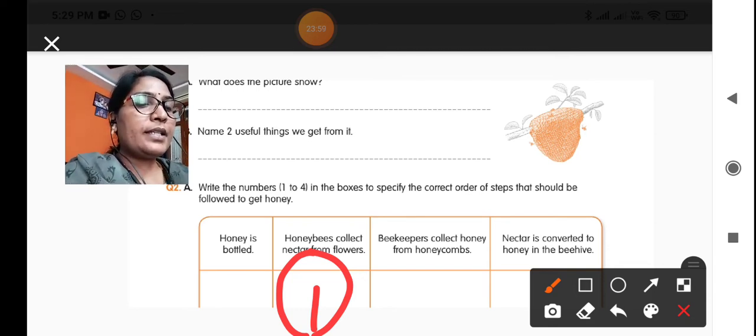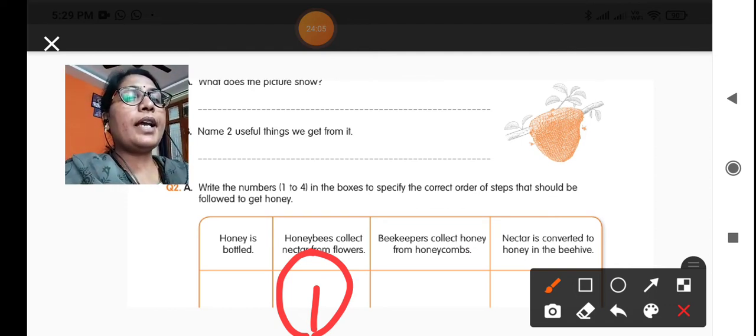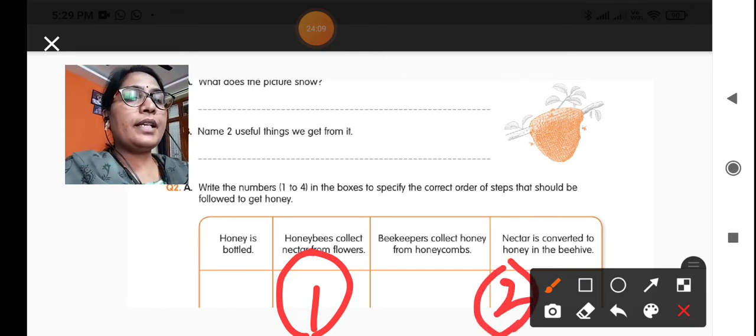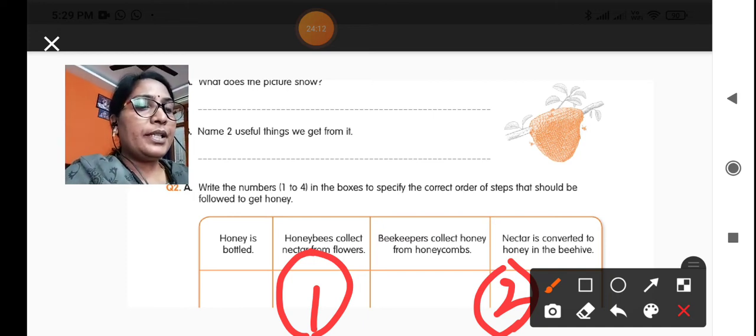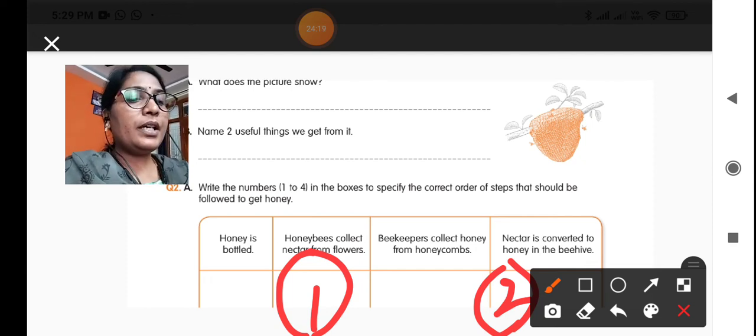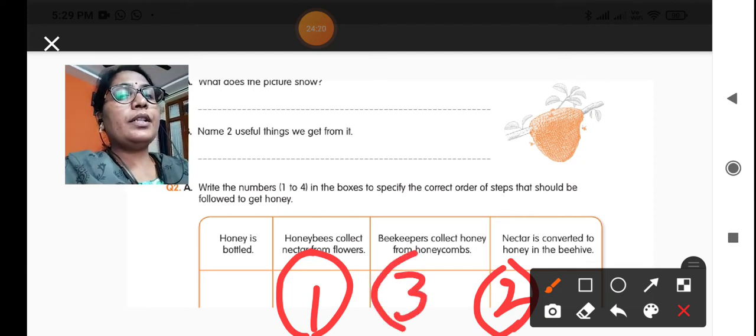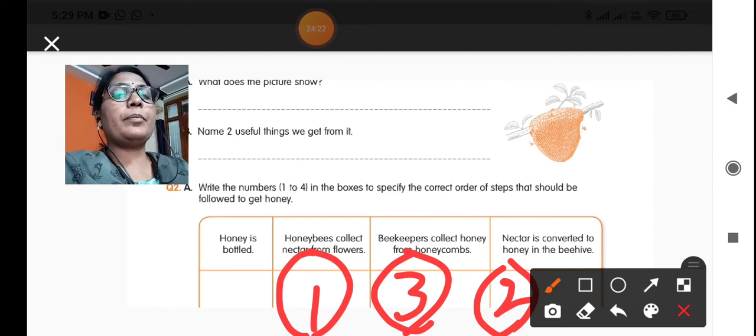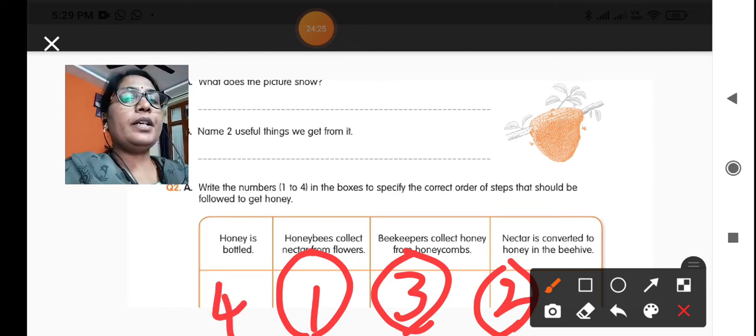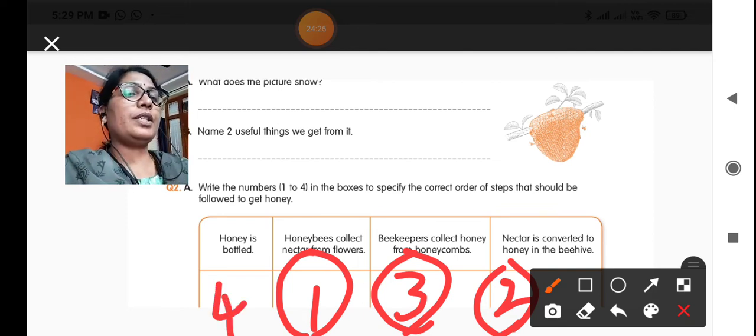And next, beekeepers collect honey? No, nectar is converted into honey in the beehive. So this last sentence will come as the second step in apiculture. And the next one, beekeepers collect the honey from the honeycombs. Then this is the third step. Finally, honey is bottled. That is the fourth step.